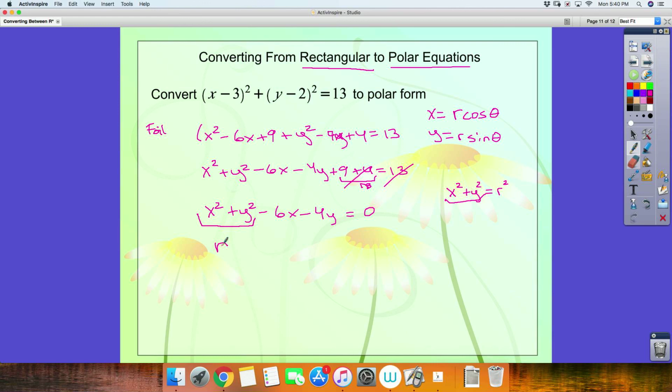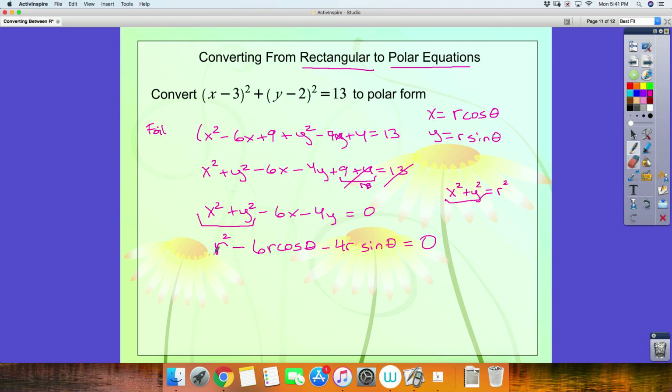So that whole little chunk just became r squared. Now I can go ahead and say minus 6, and instead of x, I'm going to put in r cosine theta, and then minus 4r sine of theta.